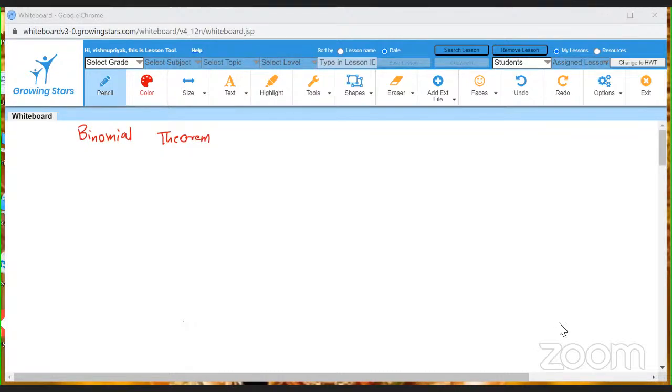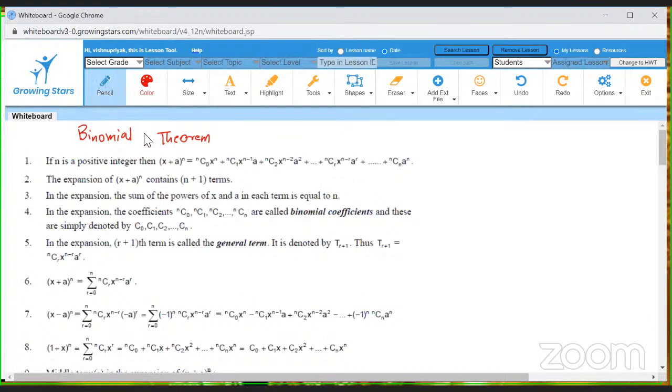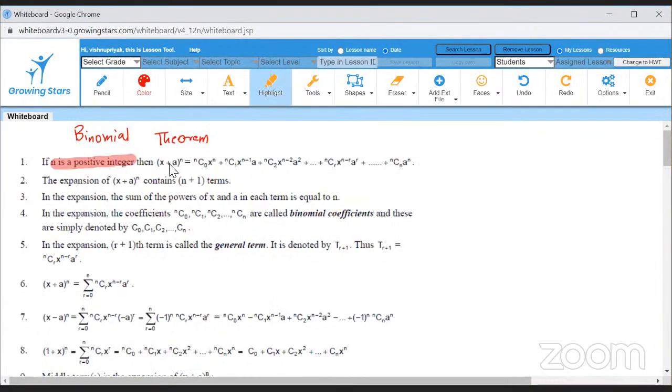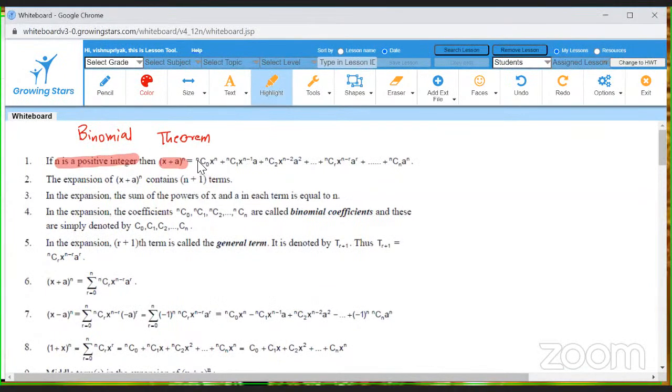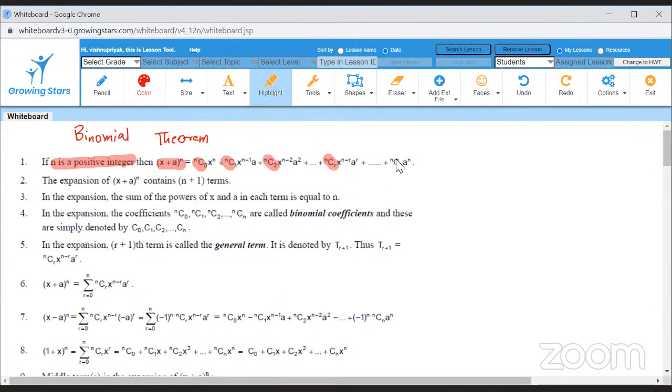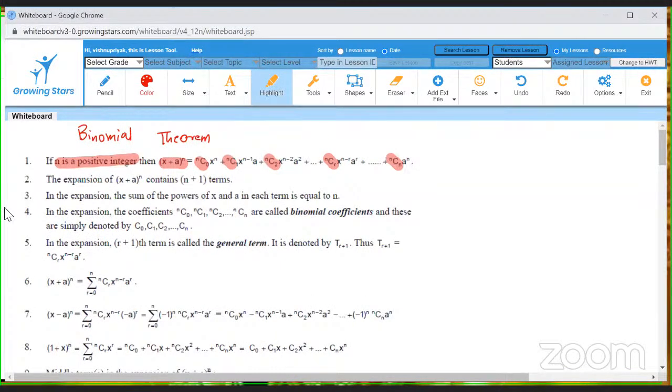One second, I'm copying. Instead of writing, we can save time. Here are the points. If n is a positive integer, (x plus a) whole power n can be written, when you expand, as NC0, NC1, NC2, NCr, NCn, in increasing order.